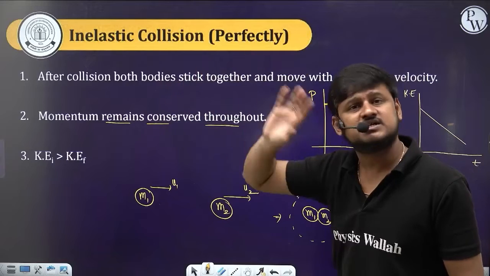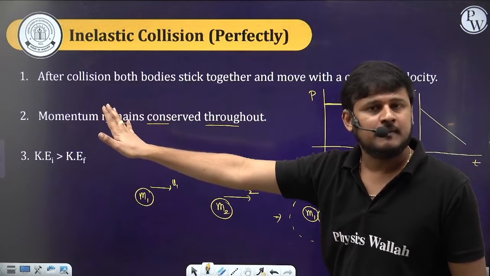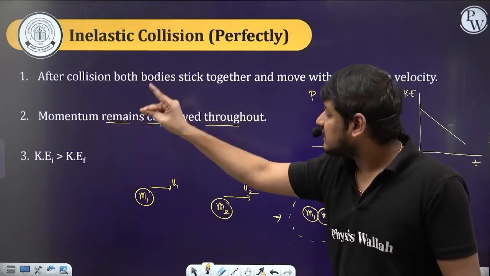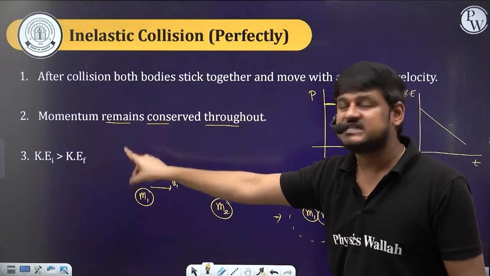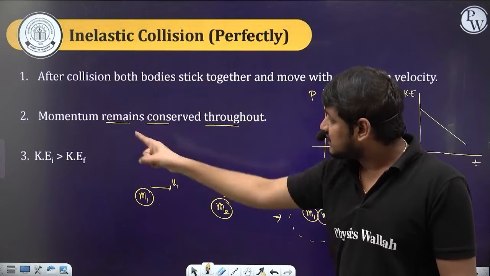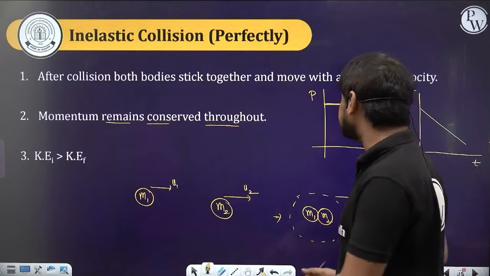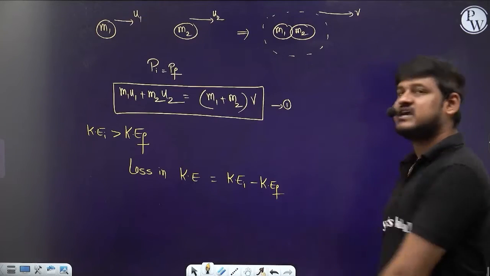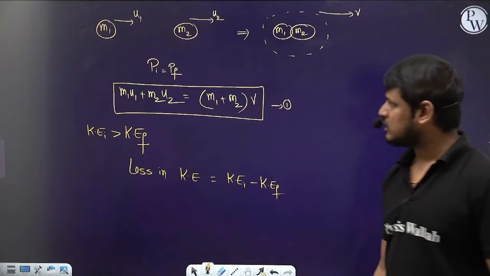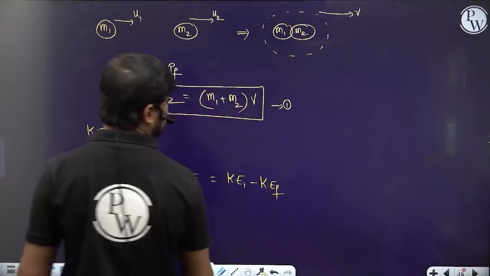The momentum will be conserved, no problem. But energy loss takes place in the case of inelastic collision. So the initial kinetic energy will be greater than the final. The loss in kinetic energy is equal to K initial minus K final. That's it. Okay, so let's solve the question so that you'll understand even better.